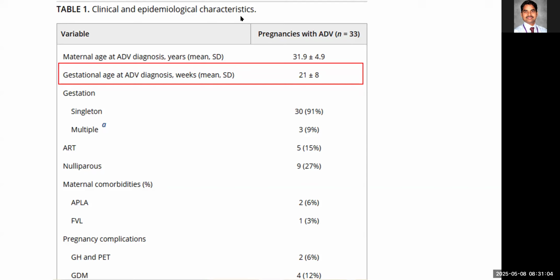See, clinical and epidemiological characteristics is the modified way of saying baseline characteristics, where you will tell about the population. That information is required for anybody else to know if the population is comparable.